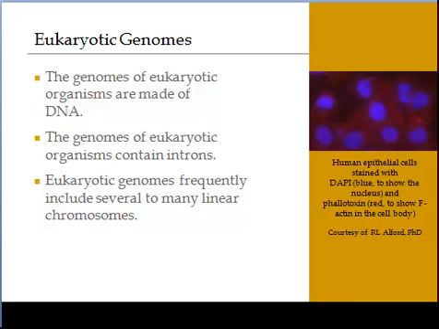Again, as a review, the genomes of eukaryotes contain those regions known as introns. Introns are those non-coding segments of DNA. They're of variable size. They separate the coding segments, or the exons.